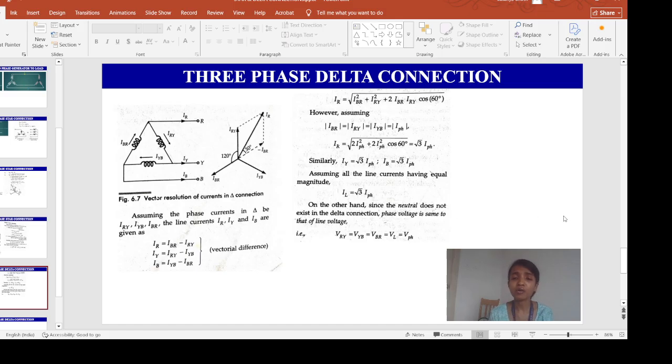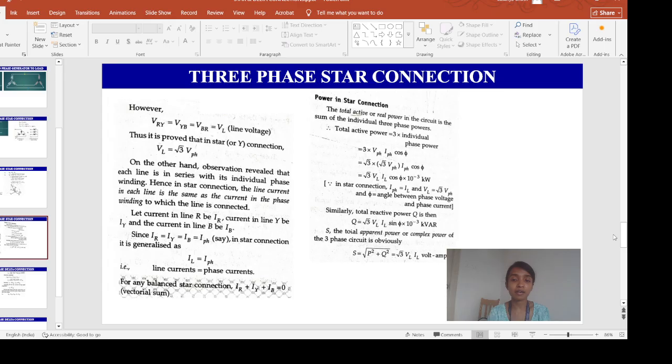Since in a delta network we don't have any neutral, phase voltage is equal to line voltage. Each of VRY, VYB, VBR is considered equal to VL, the line voltage equals the phase voltage. So in a delta network, VL equals V phase, but IL equals root 3 I phase, just opposite to star. In star connection, we have IL equals I phase, but VL equals root 3 V phase.